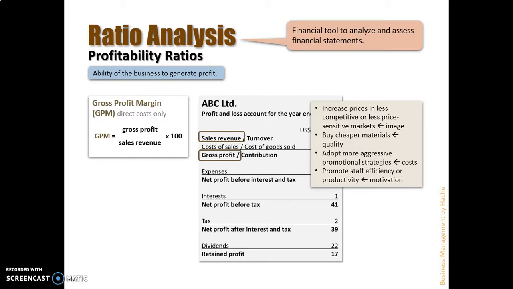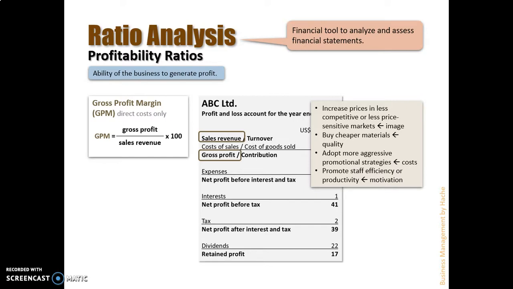Raising prices might make some people angry or concerned, and they might go to the competition. So even though increasing prices would increase the gross profit margin, you have to consider that it would affect your image.